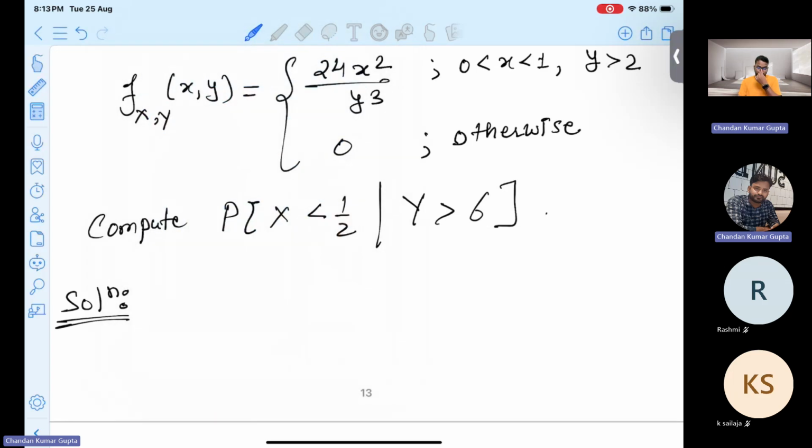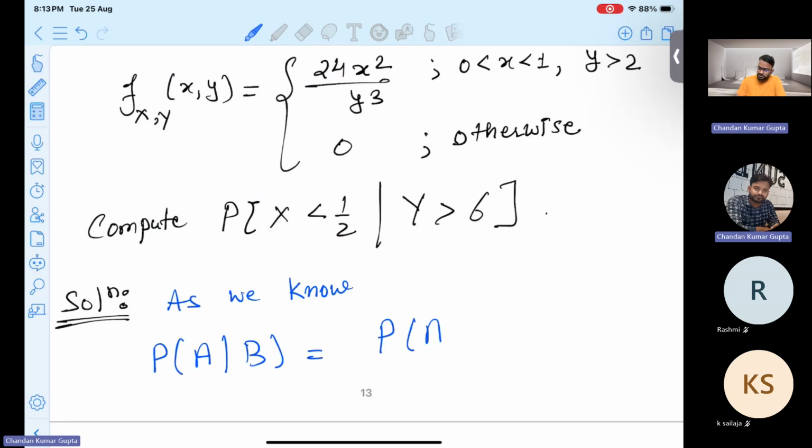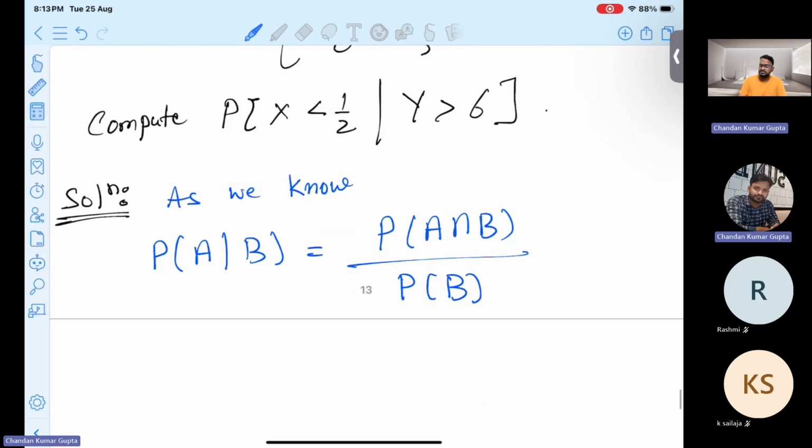As we know, the probability that A given B is the probability of A intersection B divided by the probability of B. A intersection B is associated with the joint, and the denominator is the marginal.